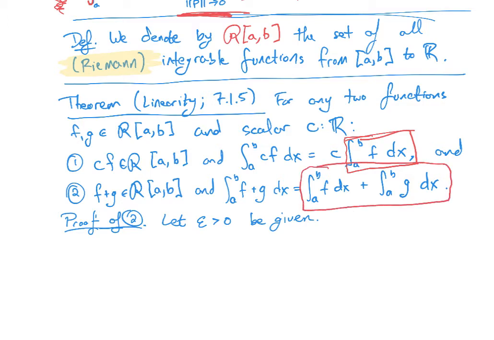That's what we're claiming it is. This thing on the left, that's just how we're denoting the integral of F plus G. Okay, and if we can show that the answer is right, then it will follow immediately that, of course, it was integrable, because that's the definition of integrable.